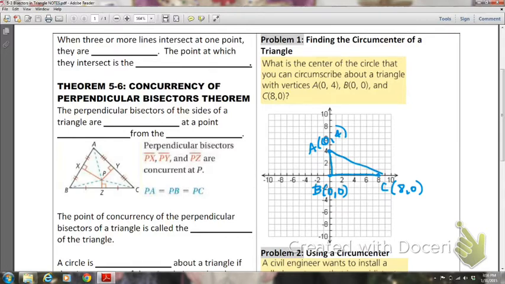So we want to know what is the center of the circle that you can circumscribe about that triangle. That is the definition of the circumcenter. The circumcenter of that triangle is going to be where the perpendicular bisectors of each of the sides meet.